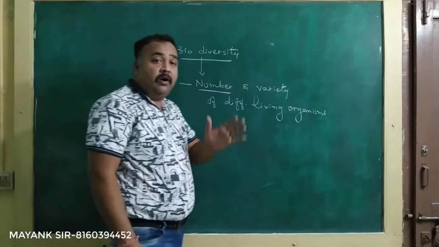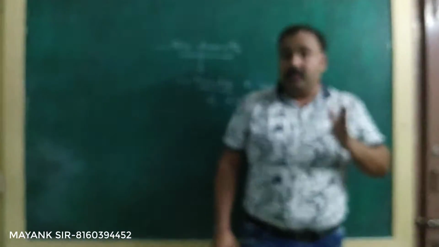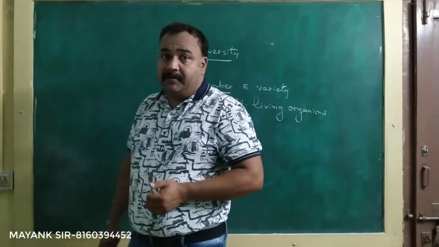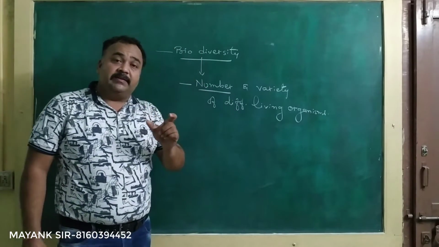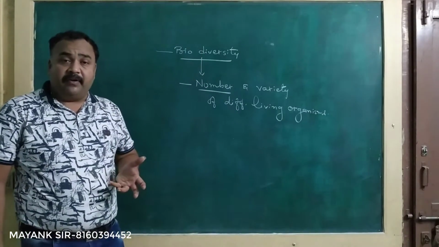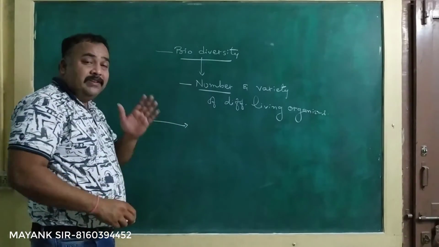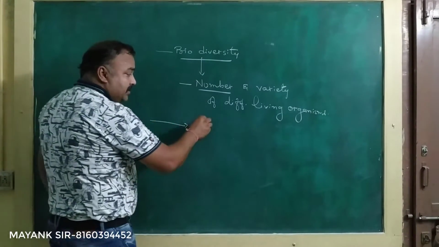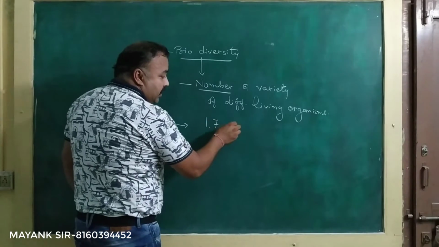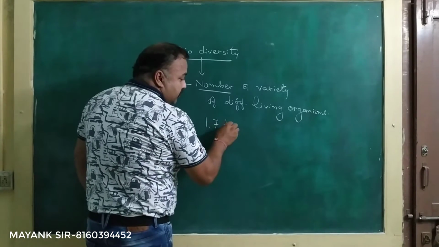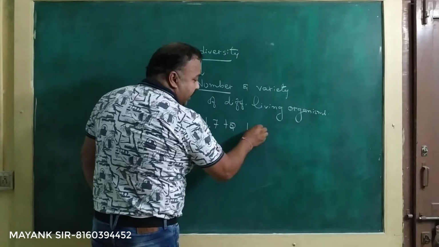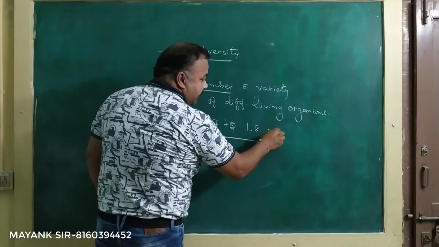So, the number of species is called biodiversity. Some of the organisms are not seen with the help of a naked eye. Right now, the number of known species of living organisms in the world is around 1.7 to 1.8 million.